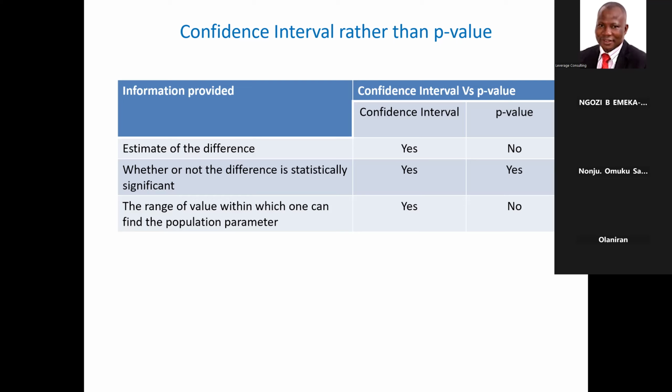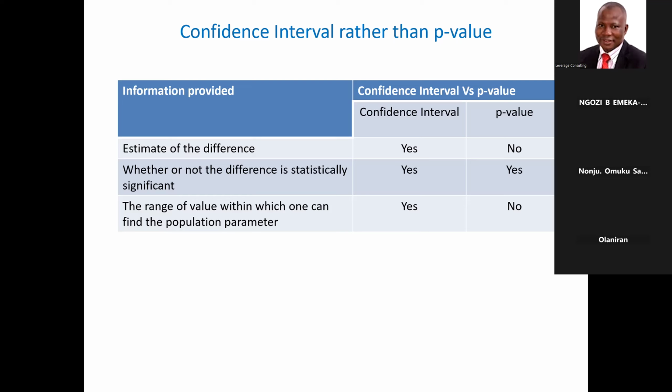It gives you an estimate. It gives you a value. If there is a difference you are looking at, it gives you the difference. For example, when we talk about the difference between proportions, it gives you the difference. Or if we calculate an odds ratio, we call it a measure of association.